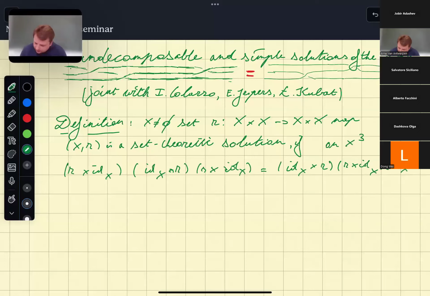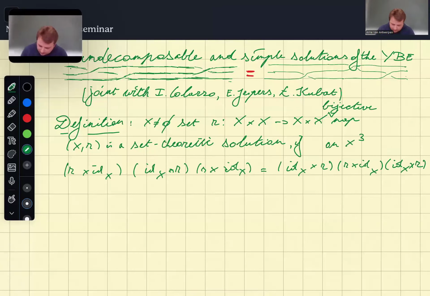What we will also ask is that this map has to be a bijection. That is something I don't always ask, but for this talk, I will for sure use that. So that's called the set-theoretic solution of the Yang-Baxter equation.